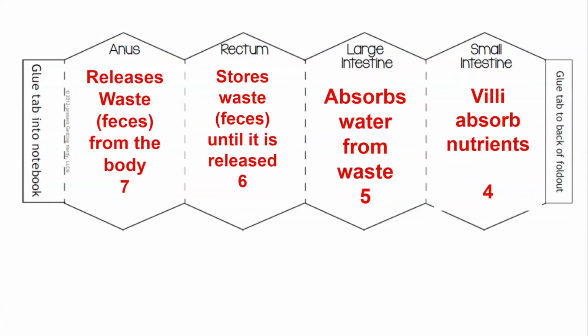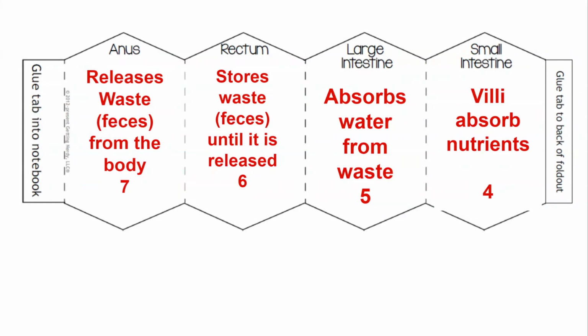But the most important thing that happens in the small intestine is there's these little finger-like projections, or they kind of act like sponges, and those are going to absorb the nutrients from your food. So basically, once your food is all broken down, it's the small intestine's job to pick out the good stuff and send it to your body, where whatever cells need it in your body.